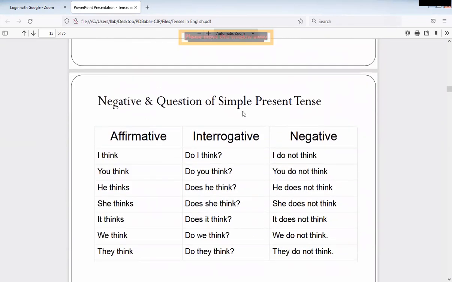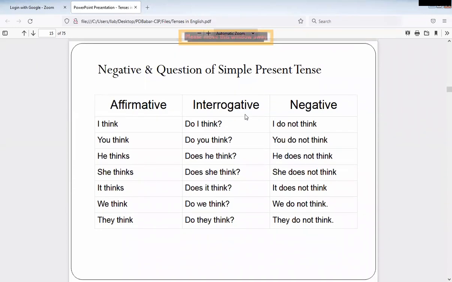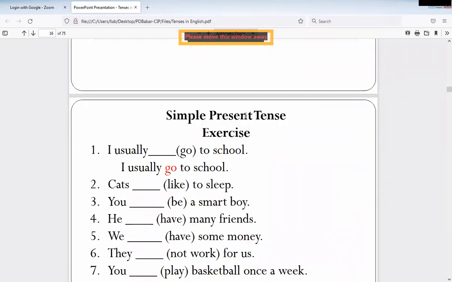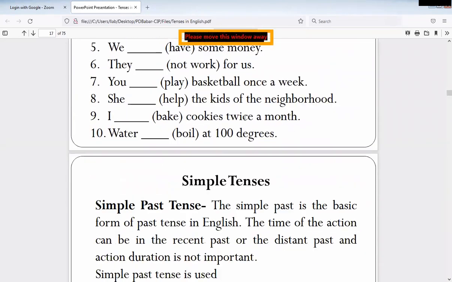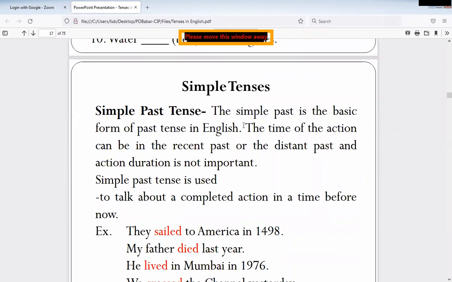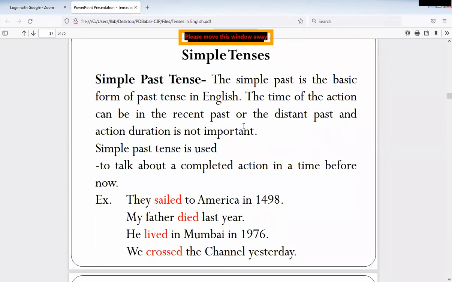Also, we have seen the negative, affirmative, and interrogative forms of the simple present tense. Then we completed one exercise, and we were discussing the simple past tense. Simple past tense is the basic form of past tense. It shows an action that has happened in the recent past or distant past. Recent past means the action happened before now.